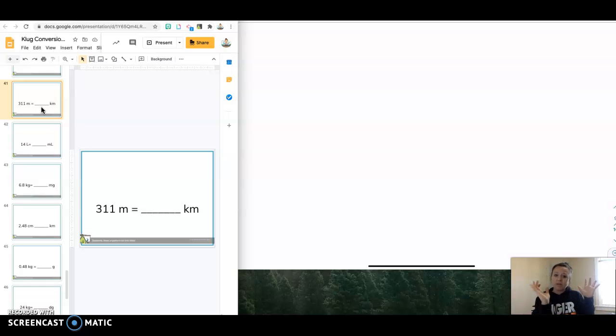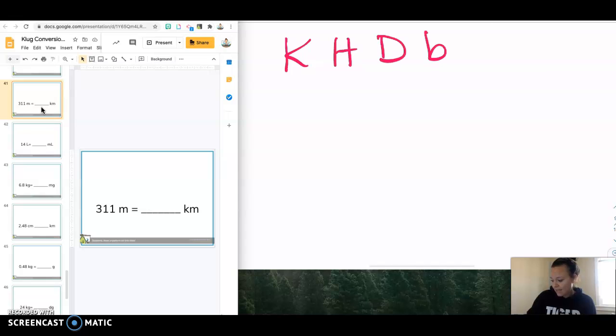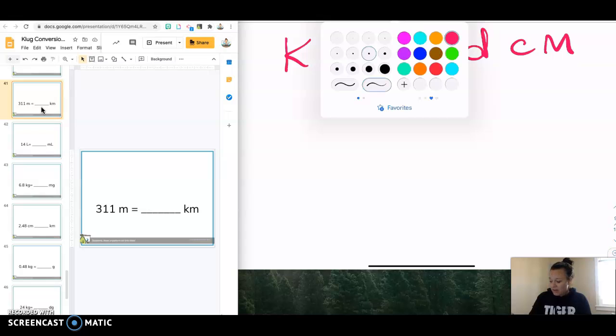Are we making our number smaller or bigger? So when I put the prefixes on my board, King Henry died by drinking chocolate milk, so kilo, hecto, deca, base, deci, centi, milli, I made a lot of arrows yesterday, right?